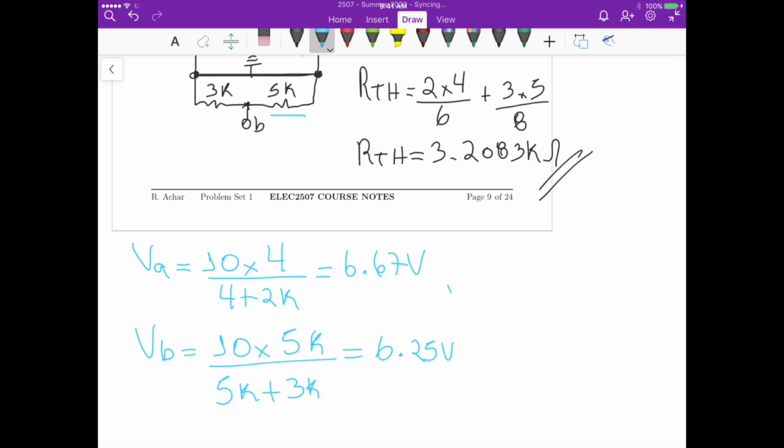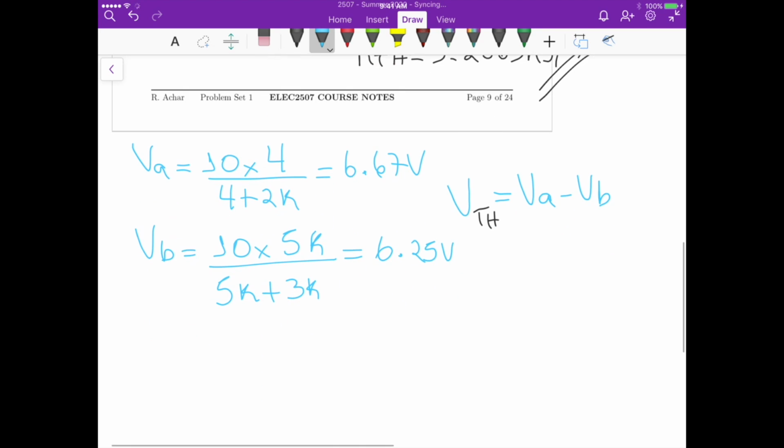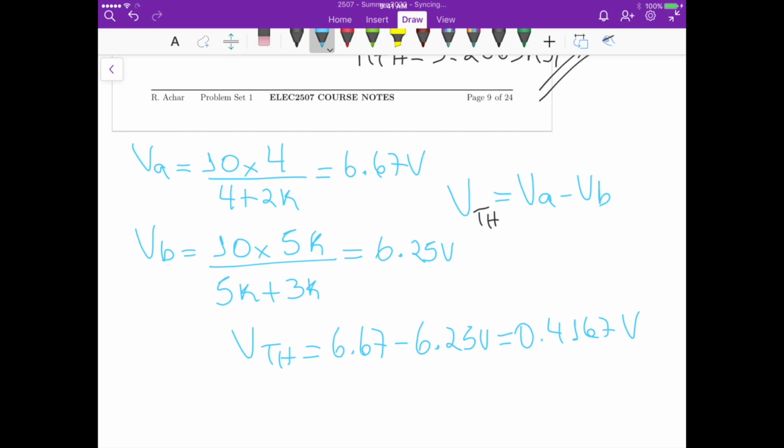Okay, now the Thevenin voltage is the same as VA minus VB, which gives us, if we take the values that we just calculated, 6.67 minus 6.25 volts, this gives us 0.4167 volts, right? So this is the Thevenin voltage.